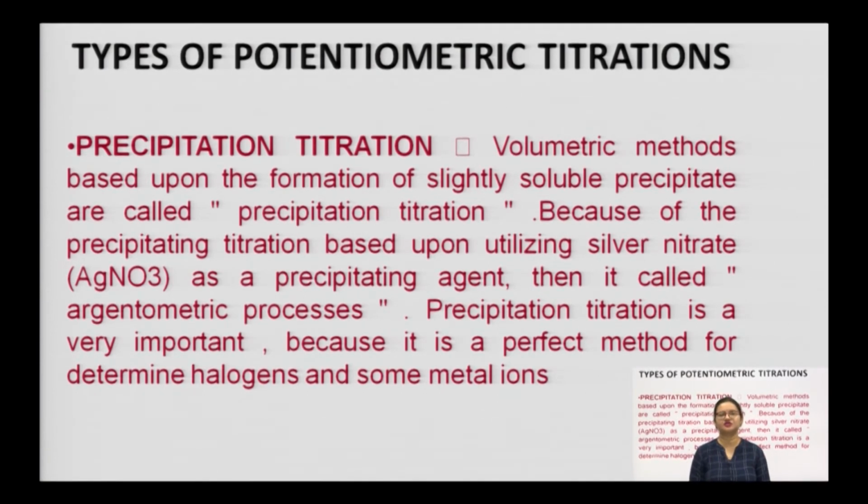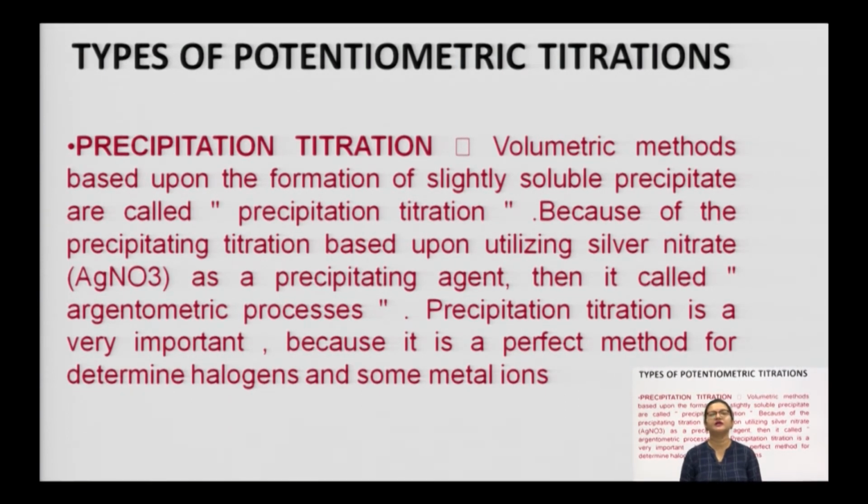First one is precipitation titration. As we all know, precipitation titrations are volumetric methods based on the formation of a precipitate at the end point, a slightly soluble precipitate. For example, the precipitation of silver chloride with the addition of AgNO3 to NaCl.